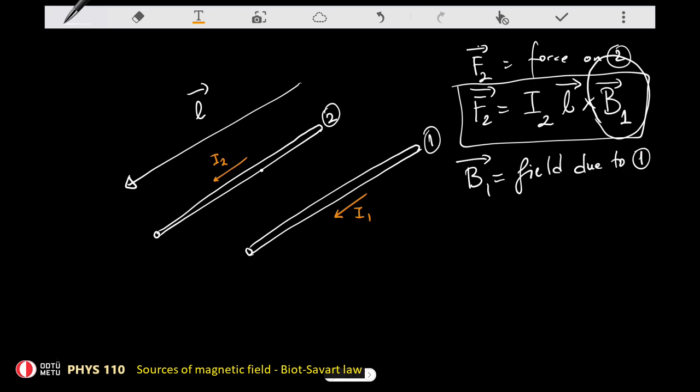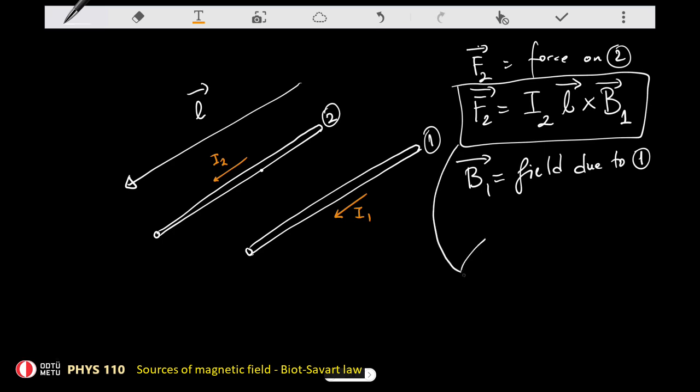The second wire cannot apply a force on itself, so when I'm computing these expressions, I just forget about the field produced by this wire when I'm computing the force applied on it. All right? So we are just going to compute this.